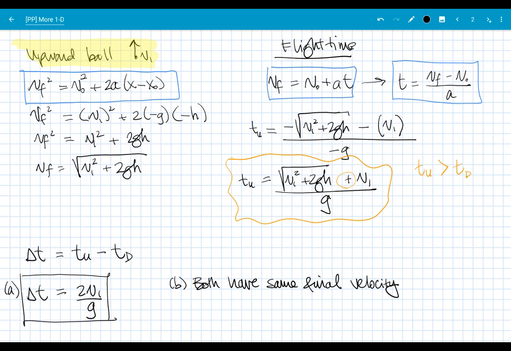So the final velocity, if I'm going to write this as a vector, would be negative square root V1 squared plus 2gh. That would be negative, and you could throw an x hat on there if you want to put that in vector form.